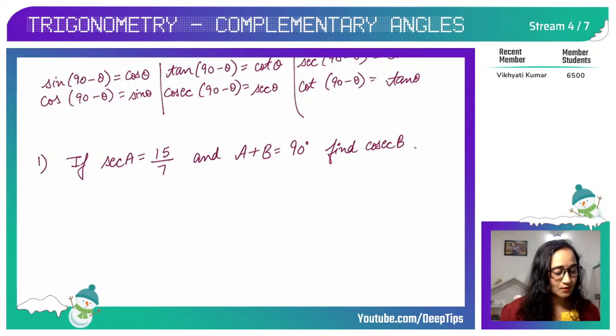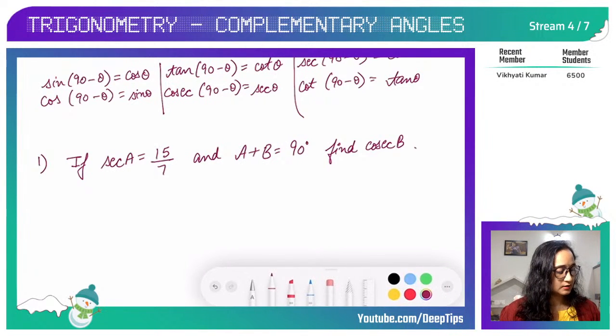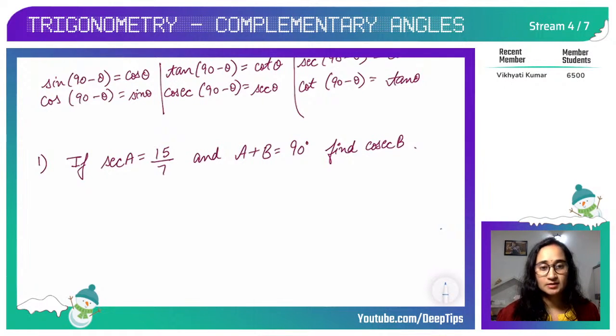Now if you look at this question, it's clearly mentioned that secant A is 15 by 7 and A plus B equals 90 degrees. That means A and B are complementary angles. So if secant A is 15 by 7, what is cosecant B?